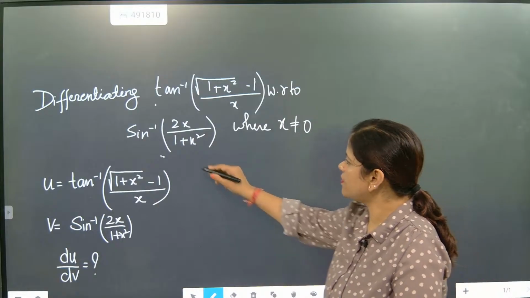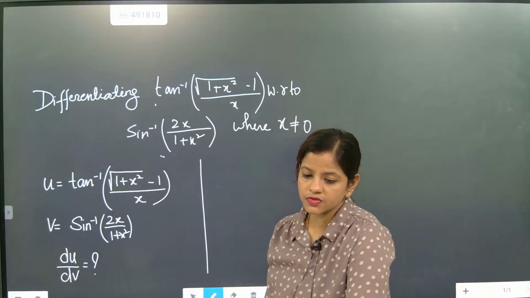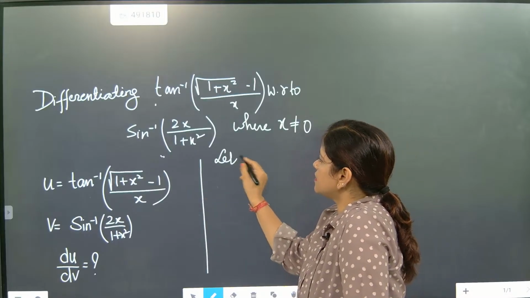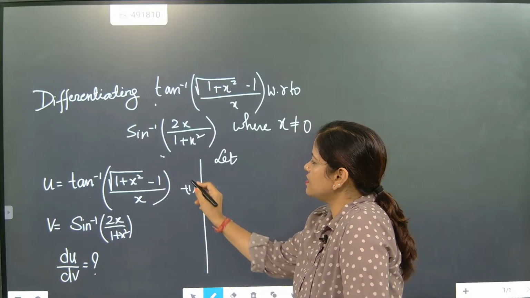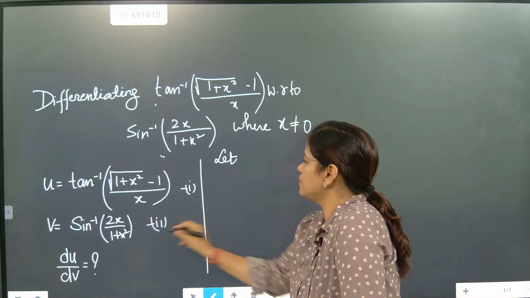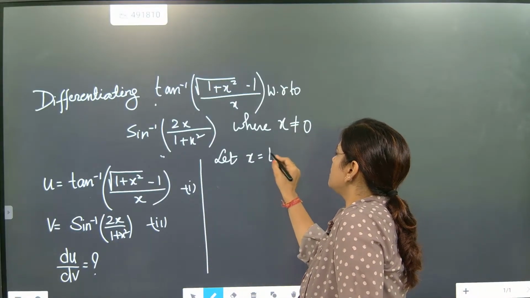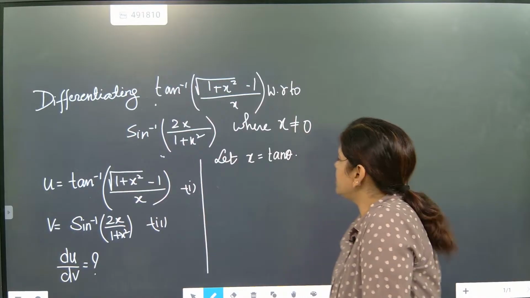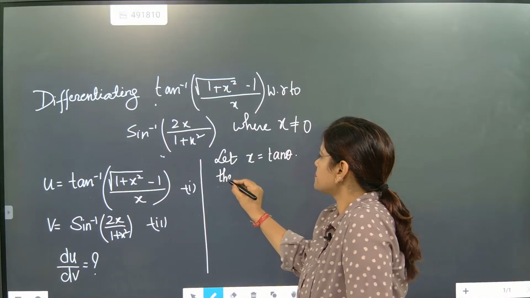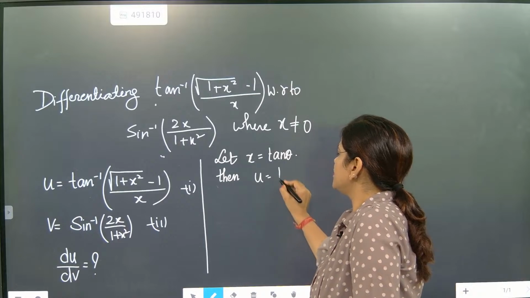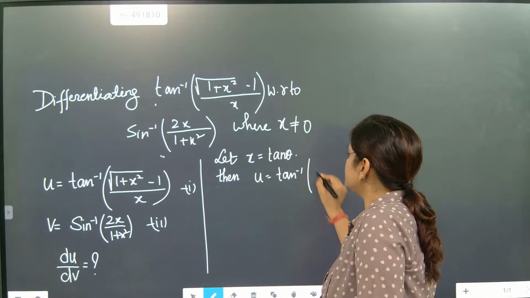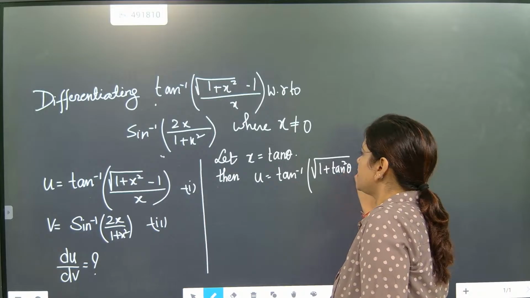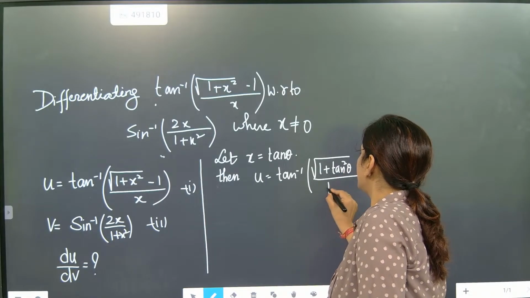So how to get du by dv? The first work is what we are going to write. We will write: let this be 1 and this be 2. Let x is equal to tan theta. Understood? Then u is equal to tan inverse of root under 1 plus tan square theta minus 1 by tan theta.